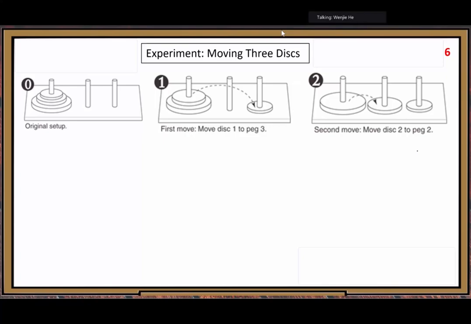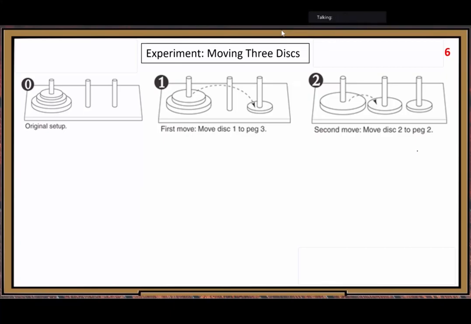Then the third one, we cannot move the largest disk, right? Because it's not allowed to place it on the second peg or third peg. Both are violations. You cannot place a larger disk on top of a smaller one, right? Our rule number 2 does not allow it.